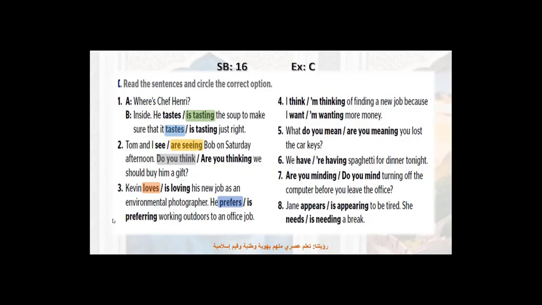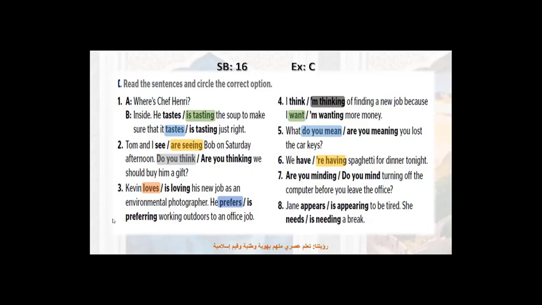Number 4. I am thinking of finding a new job because I want more money. What do you mean? You lost the car keys.